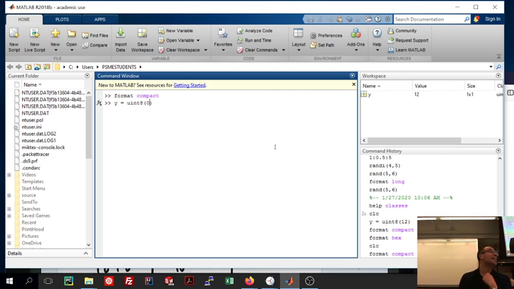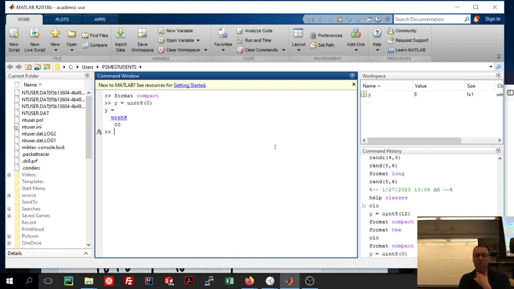What does uint8 mean? Unsigned integer with how many bits? 8 bits, which is 1 byte, or 2 nibbles. A nibble is a 4-bit string, right? So 2 nibbles means 1 byte. Is that actual terminology? Yes. It's not my terminology, but yeah. I stole that from somewhere.